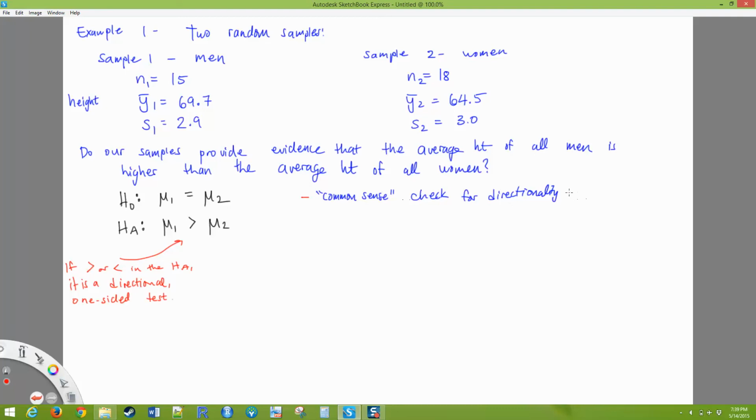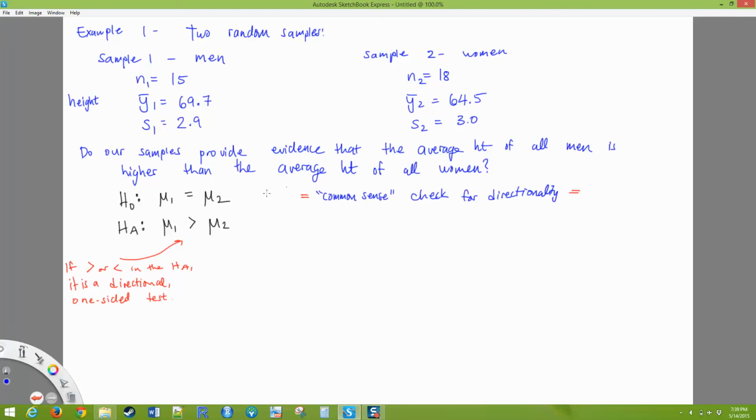Anytime you see something that says common sense, it's kind of a warning that it's easy to forget about. They say if common sense is so common, why doesn't anybody have it? So what if the question instead said, do our samples provide evidence that the average height of all men is lower than the average height of all women?